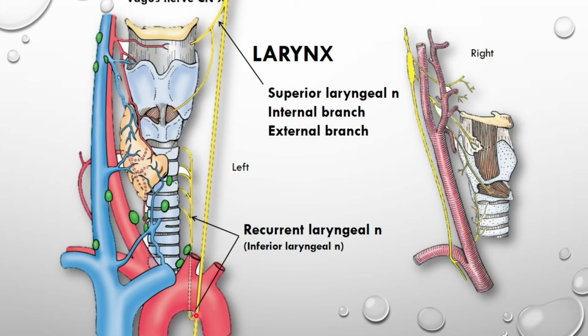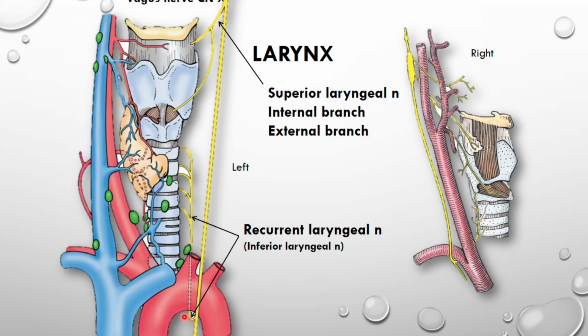And then further down, and actually all the way in the chest on the left hand side, we have what's called the recurrent laryngeal nerve, which is essentially, so we had a superior branch, so this would be the inferior branch, but we don't call it the inferior laryngeal nerve. We actually call it the recurrent laryngeal nerve because it completely bypasses the larynx, goes into the upper part of the chest and then branches from the vagus nerve, and then it runs back, so it recurs essentially.